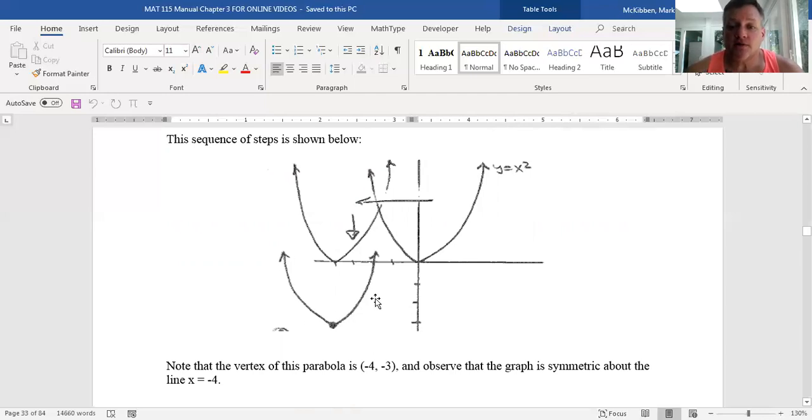Since it's opening upward, the lowest y value attained is -3, and it opens up, so the range is closed -3 to infinity. And then the axis of symmetry, the vertical line that goes through the vertex, is x equals -4.